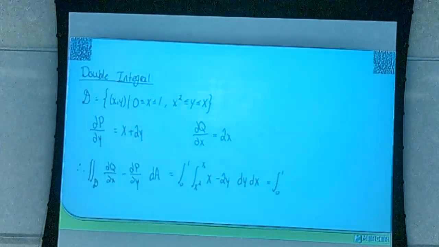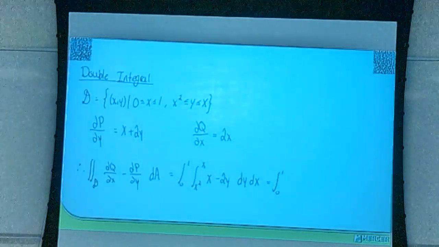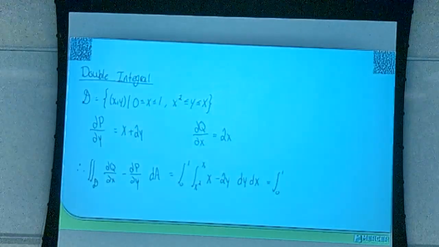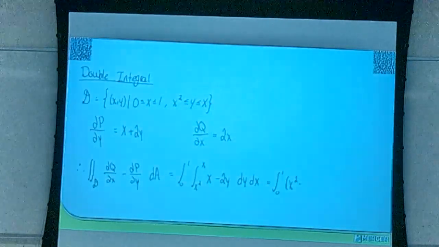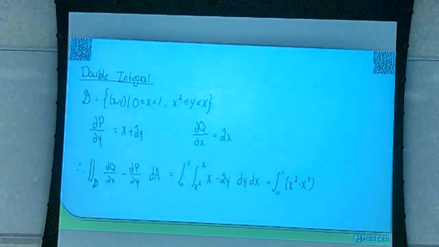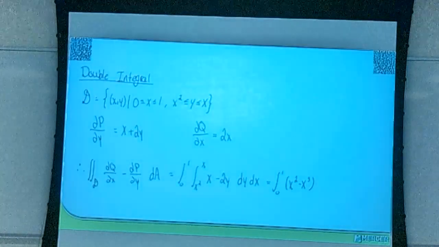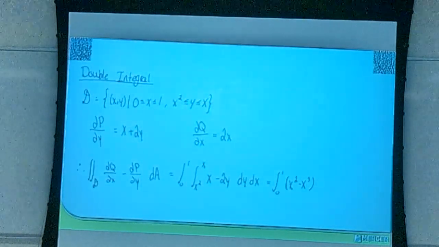First one, x. That's just going to be xy, right? But now that gets evaluated from x squared to x. x squared minus x cubed. Right? Because it'll be x times x minus x squared.